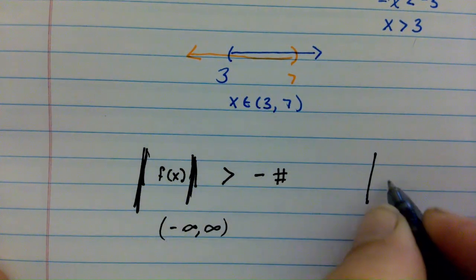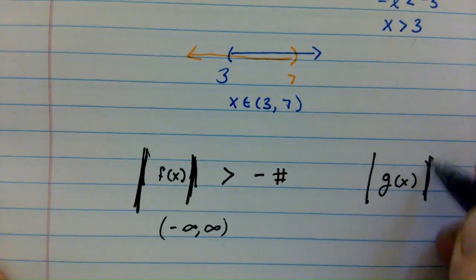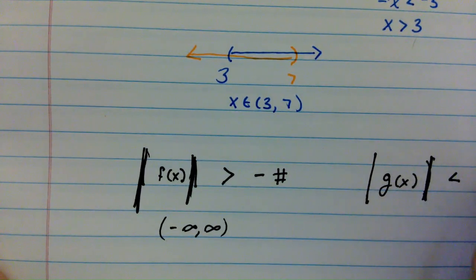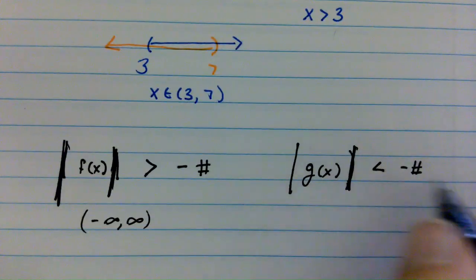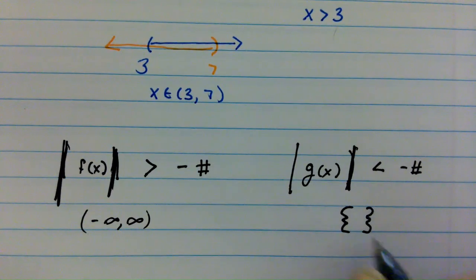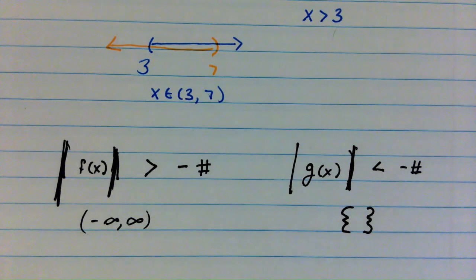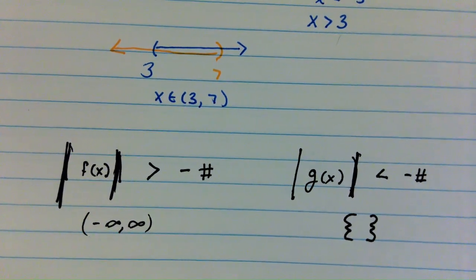But if you have the absolute value of an equation is less than a negative number, well, when is a positive smaller than a negative? This would be the empty set or no solution. So absolute values can be always true. They can be never true. And the thing is, that goes for quadratics as well, asking them when they're positive or negative. So we have to be very careful with that.